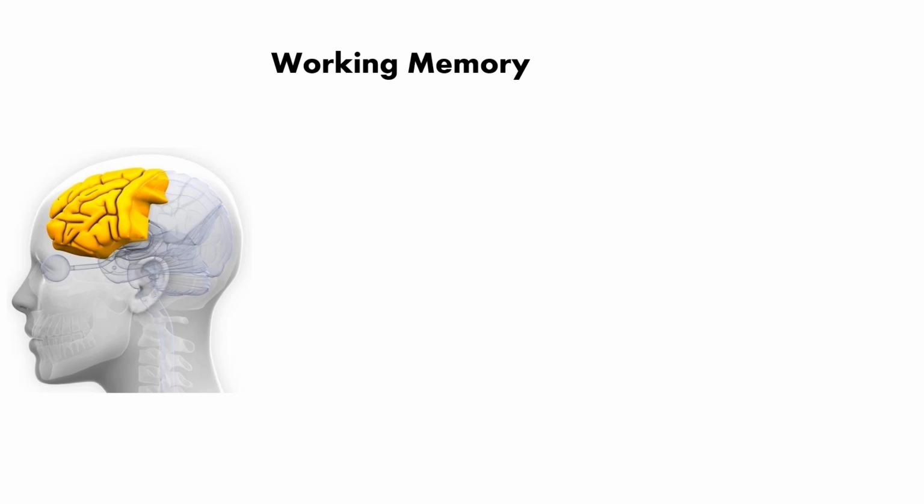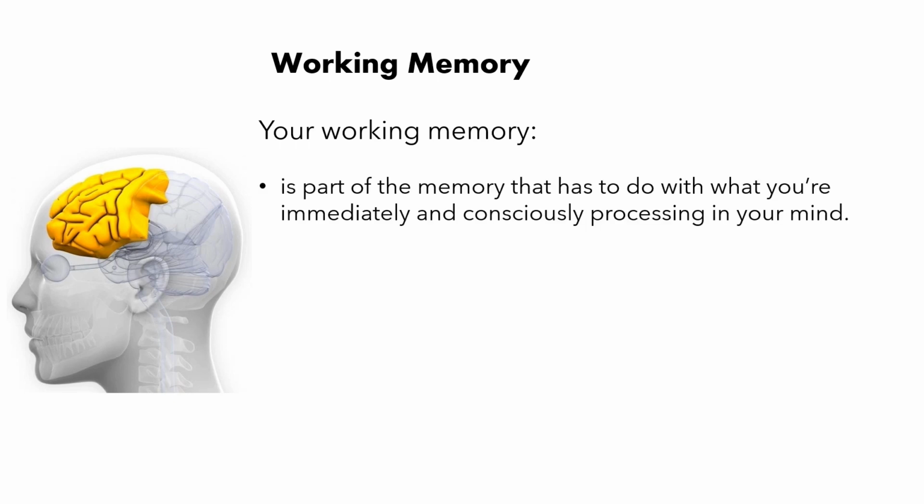Now let's look at the working memory. Your working memory is the part of the memory that has to do with what you are immediately and consciously processing in your mind. What you are learning at the moment goes into your working memory or the short-term memory.